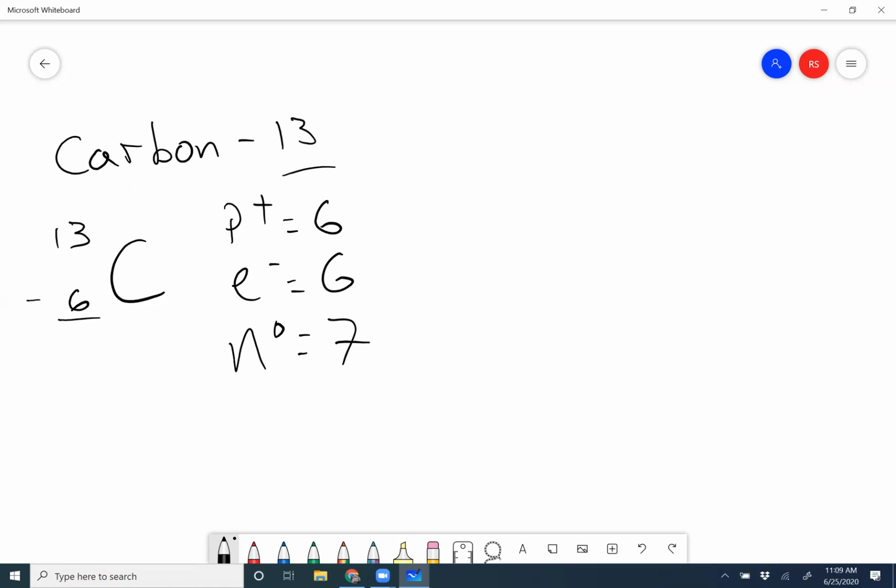If you want to know the mass, these would all weigh 6 AMU, these would have 0 AMU, and this would be 7 AMU. And that's where the 13 AMU comes from. So it's just a really, really small mass, so we just gave it its own name, which is how we do a lot of things in measurement systems.